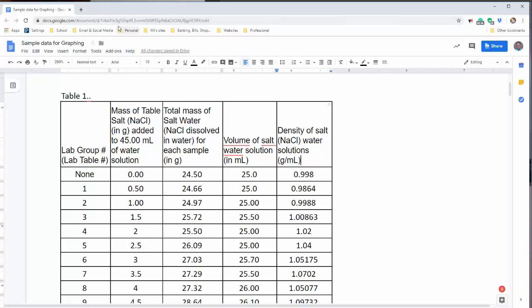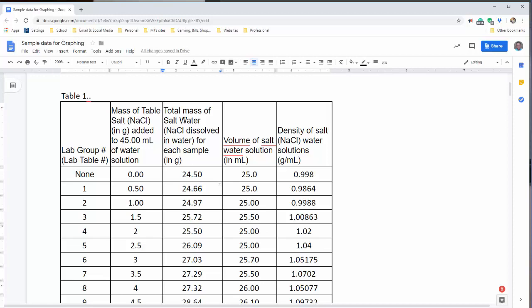That makes sense? Now we're going to talk a little bit later in this class about how to get the correct number of significant digits in the answer over here. Basically, when you're doing division, mass divided by volume in this case, we can't have more digits in our final answer than the digits that were in the numbers used to calculate that.